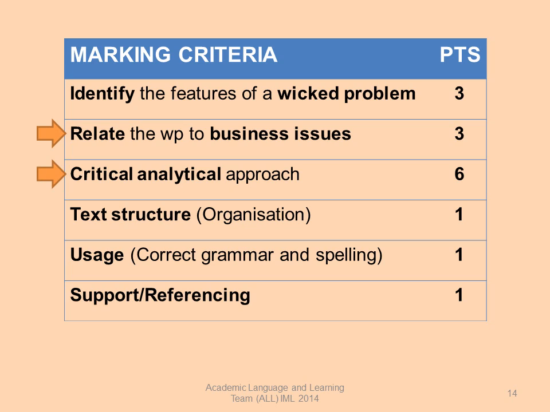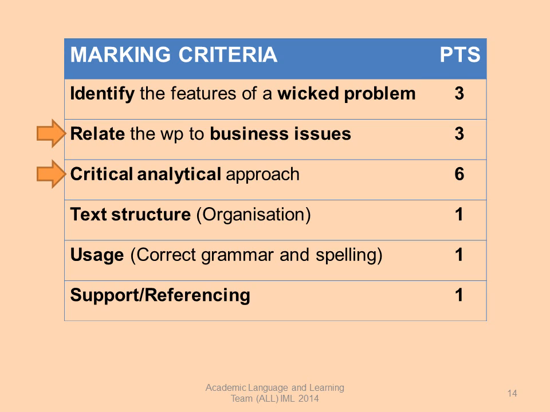Use a critical analytical approach. So that means, if you've read a lot and prepared for this assignment, it shows that, and you've been able to select relevant information, it shows that you have an ability to critically analyse information and select what you need.